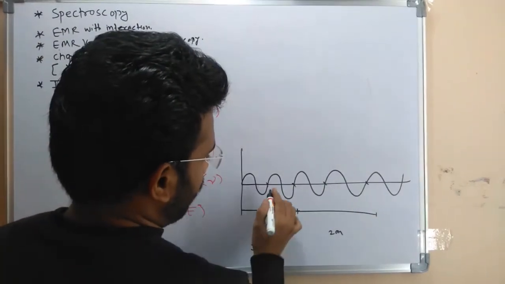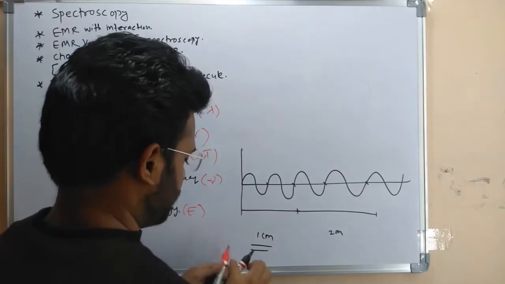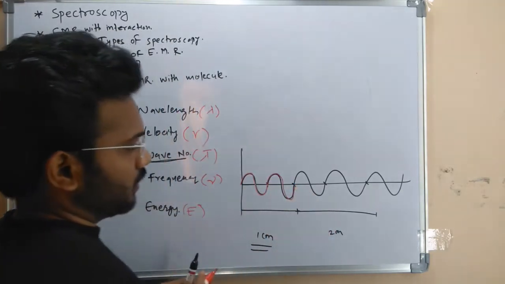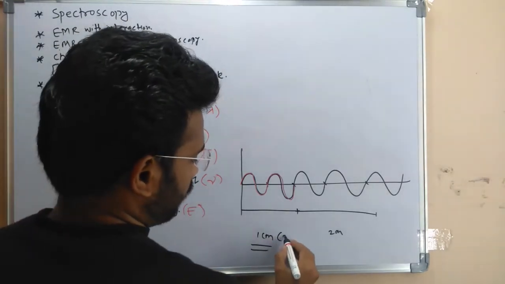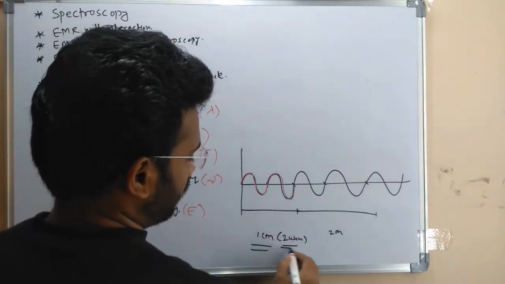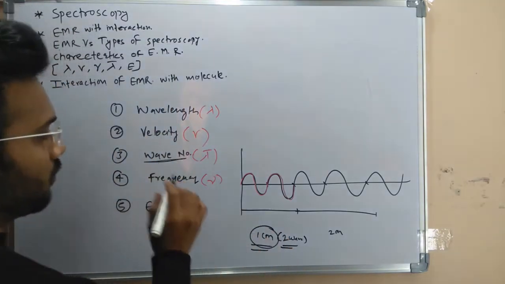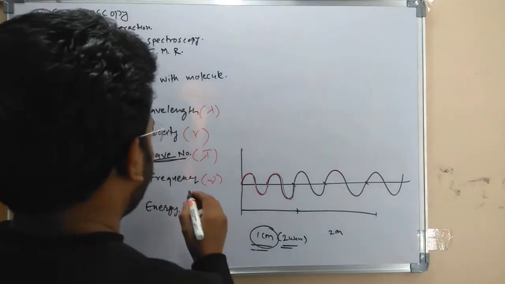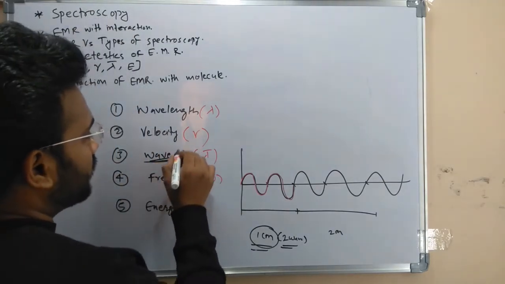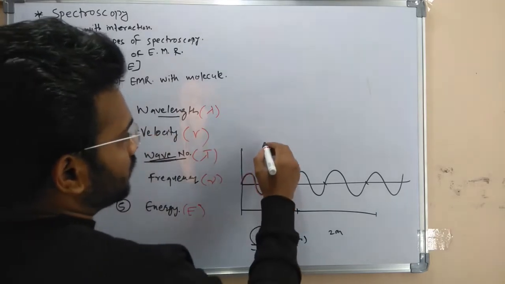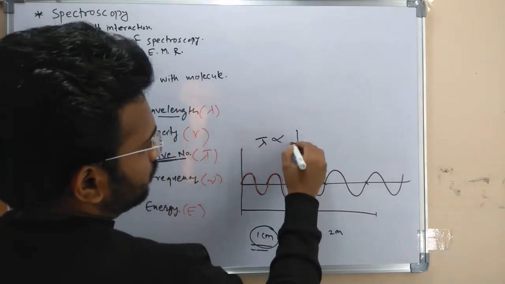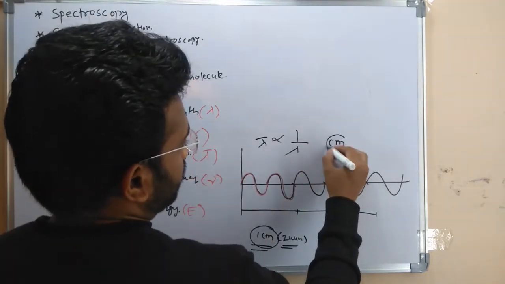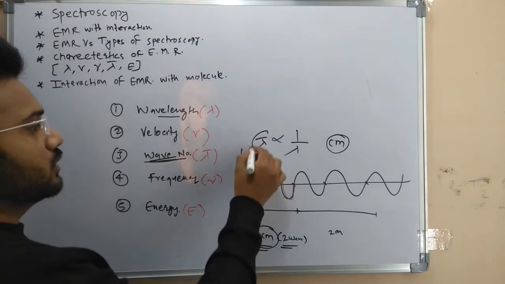In 1 centimeter, how many waves are there? This is the first wave and this is the second wave, so there are 2 waves in 1 centimeter. The number of waves in 1 centimeter we call wave number. Wave number is inversely proportional to the wavelength. Therefore, the unit for wave number is per centimeter.